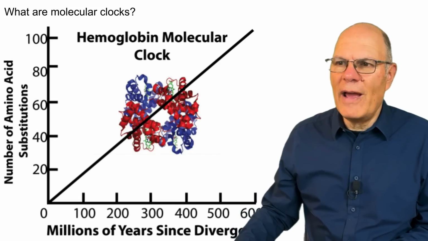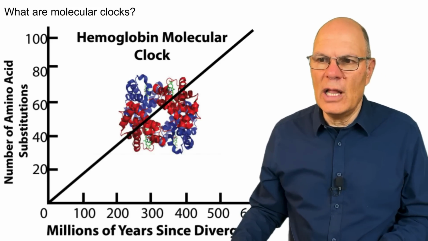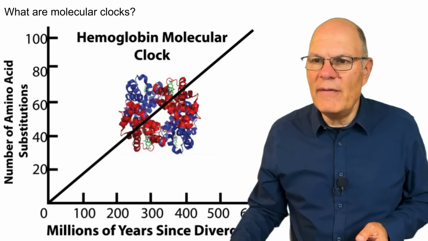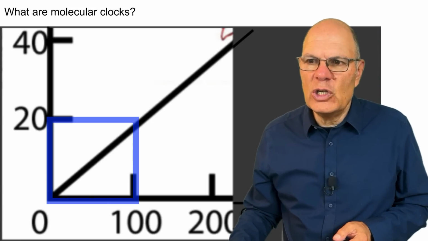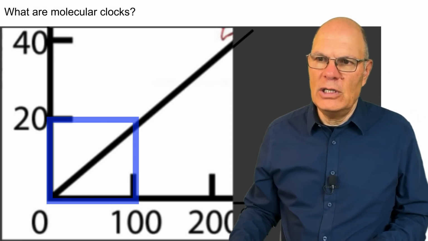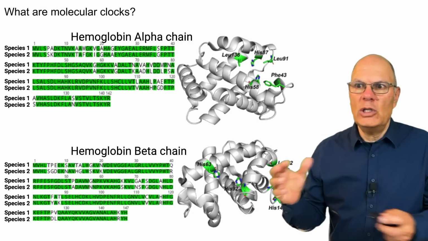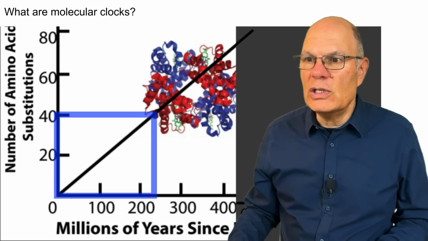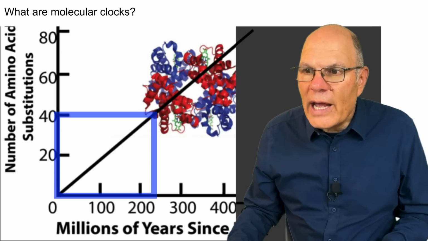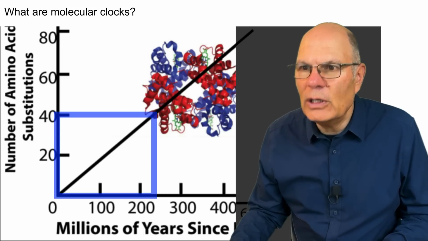What this graph says is it's looking at hemoglobin as a molecular clock. Based on some fossil evidence, it's basically saying that 20 mutations accumulate every 100 million years. So therefore, if you're looking at the hemoglobin between two species and you notice 40 amino acid substitutions, then you could infer that that occurred more like 230 million years ago.